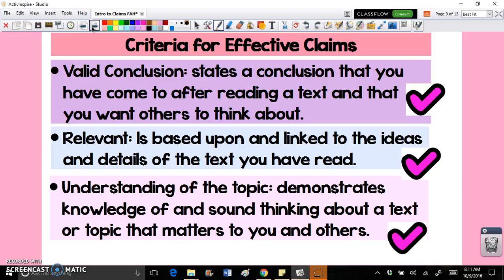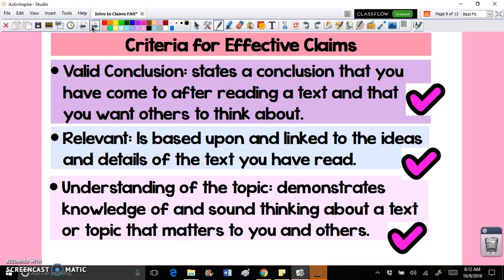All right, so now as we evaluate claims, we're going to use the following criteria. We're going to look at a claim. We're going to determine, does it state a conclusion that you, the writer, have come to after reading a text and that you want others to think about? Is it relevant? Is it based upon and linked to the ideas and details of the text you've read?